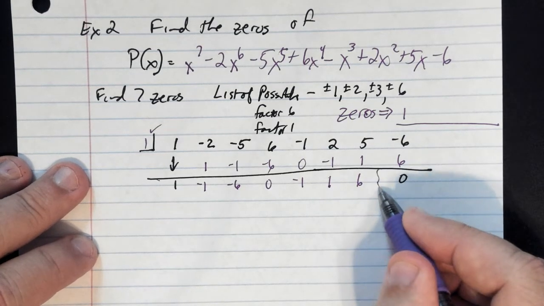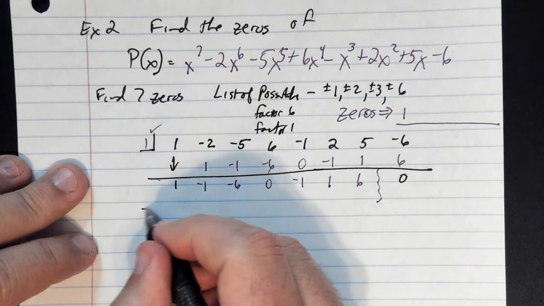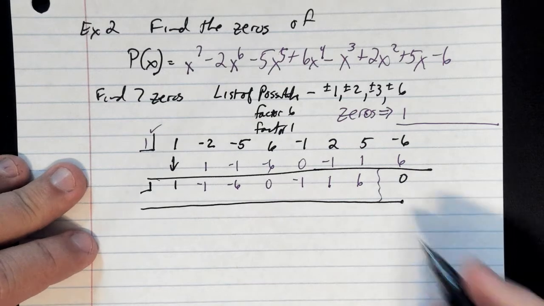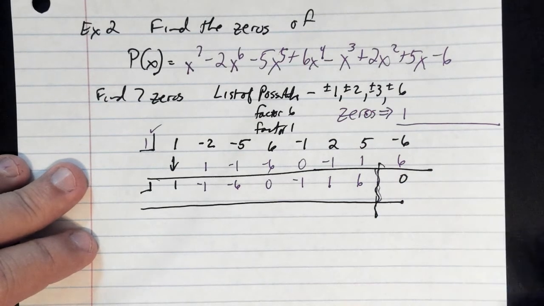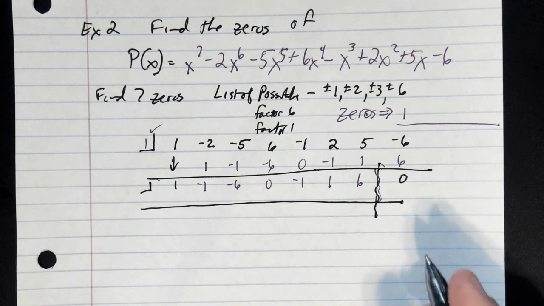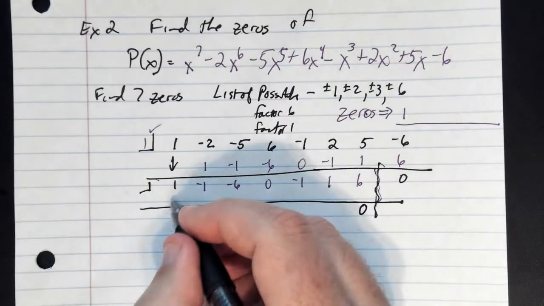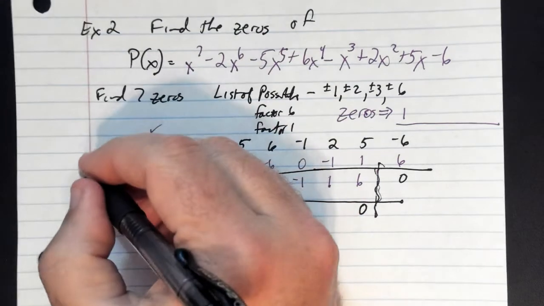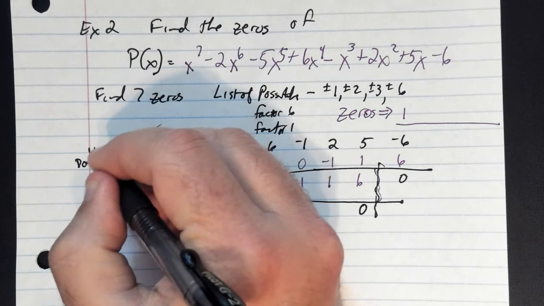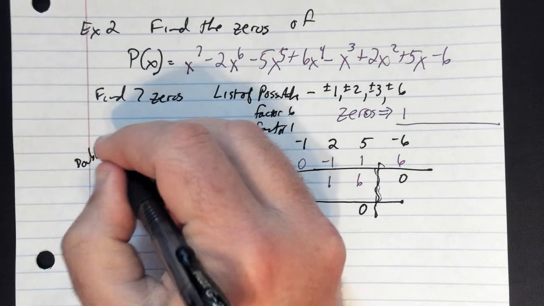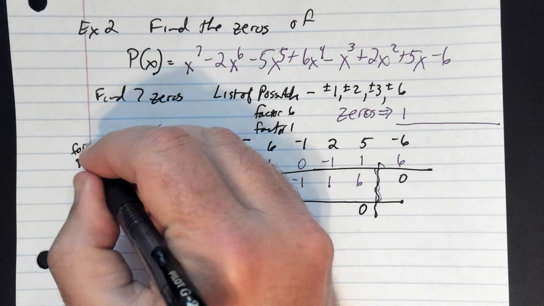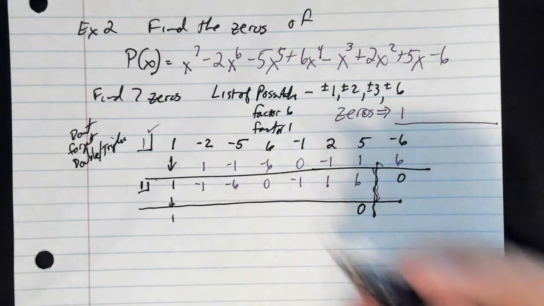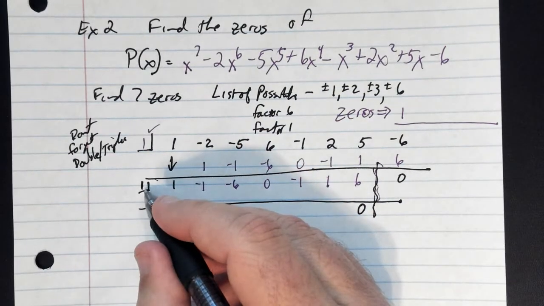What we're going to do is a new synthetic division below it, and we're going to cut it off right here. I don't need this 0 here. So I need another one that's going to give me 0. Now what are we going to put in the box? Because you could have double roots or triple roots, don't forget, I need to check 1 again in case it's a double root.